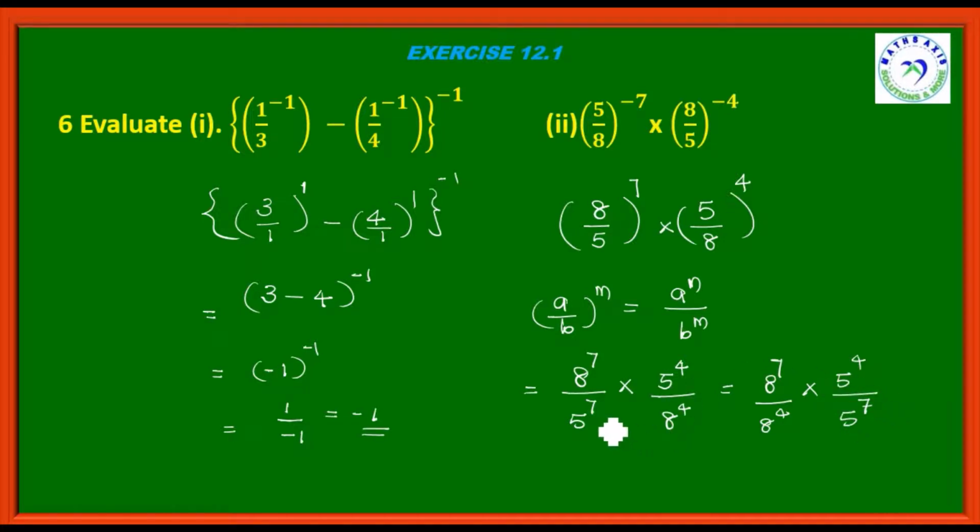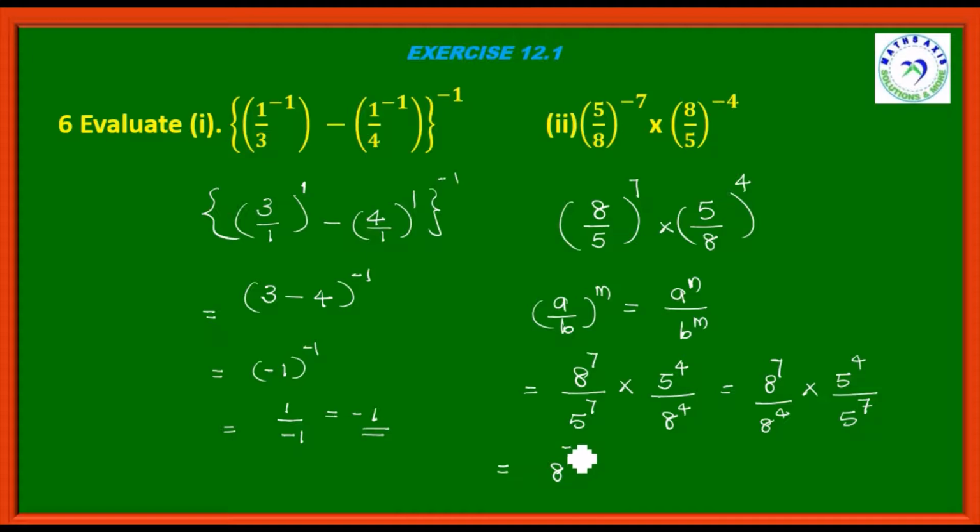Just rearranging the numerator and the denominator, which is equal to 8 raised to 7 divided by 8 raised to 4. a raised to m divided by a raised to n means a raised to m minus n.